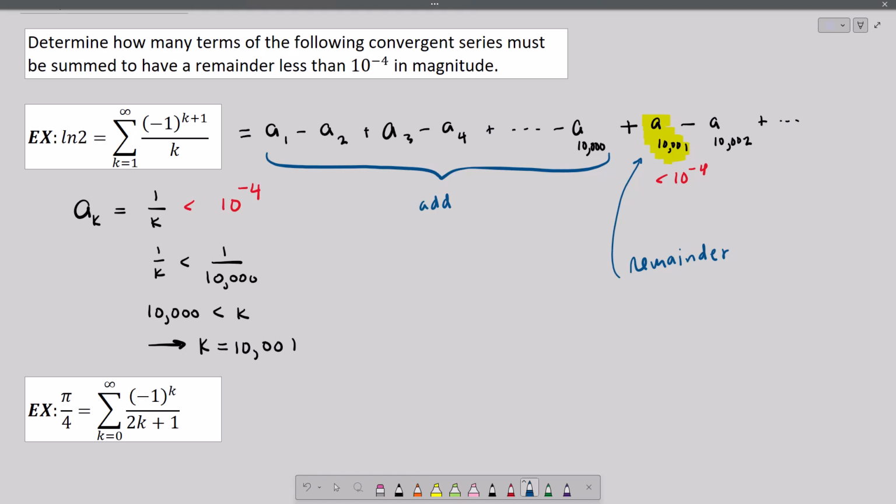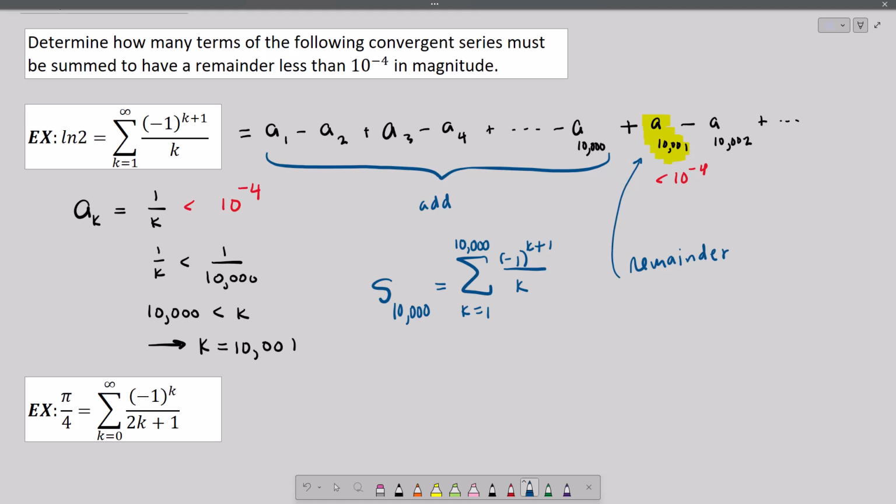Make sense? So this is the sum of how many terms? The blue there. 10,000. We start at 1 and go up to 10,000. So S sub 10,000 is going to be the sum from k equals 1 to 10,000 of this.